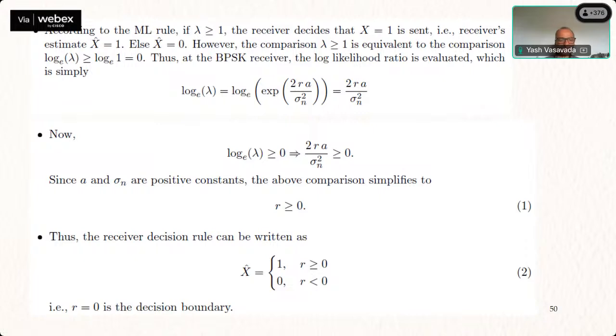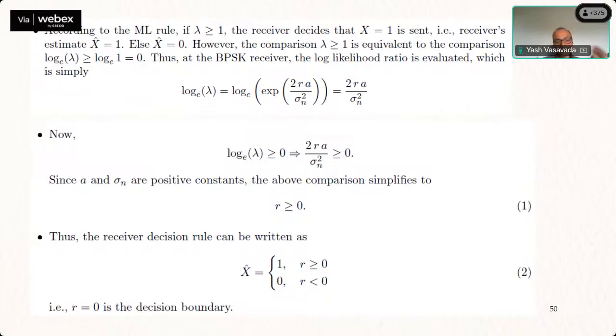I saw a question: at R equal to 0, why don't you say X hat is 0? Why do you say 1? Yeah, you can say that. It's fine. It probably doesn't matter because the chances that R will be exactly 0 is minuscule.